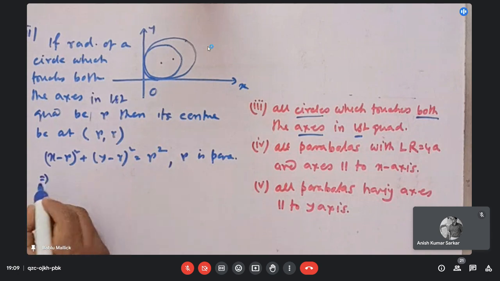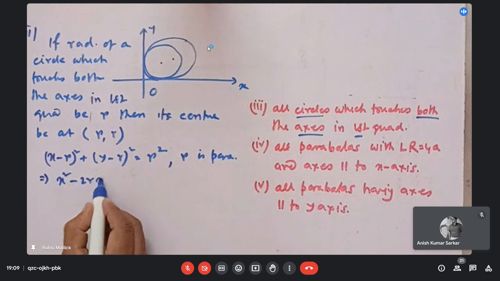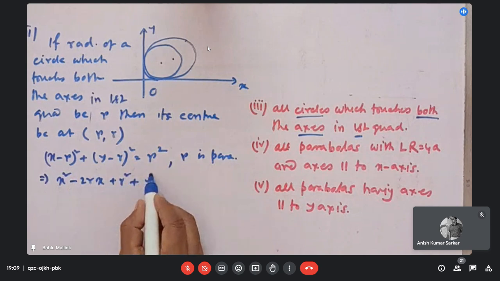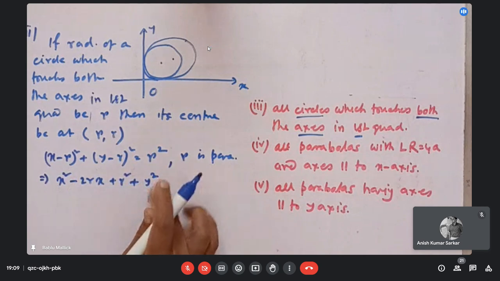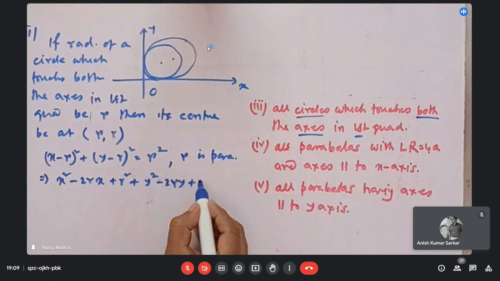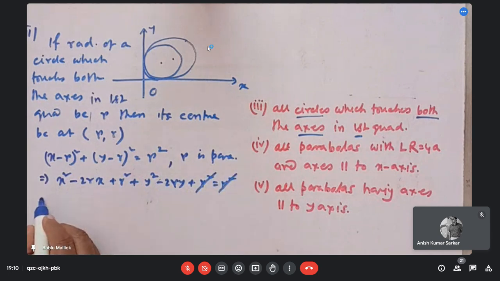So how will we eliminate? I can write it as x square minus twice r into x plus r square, plus y square minus twice r into y plus r square is equal to r square. We can cancel one r square.